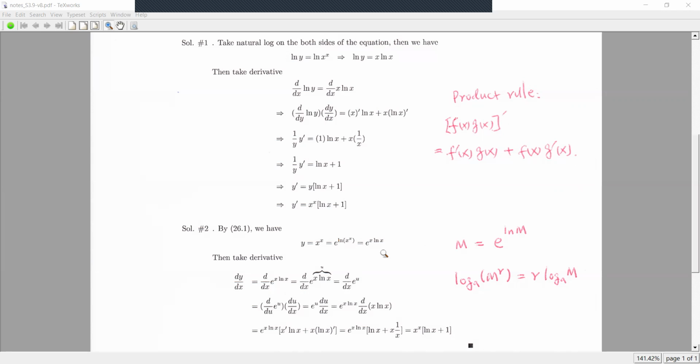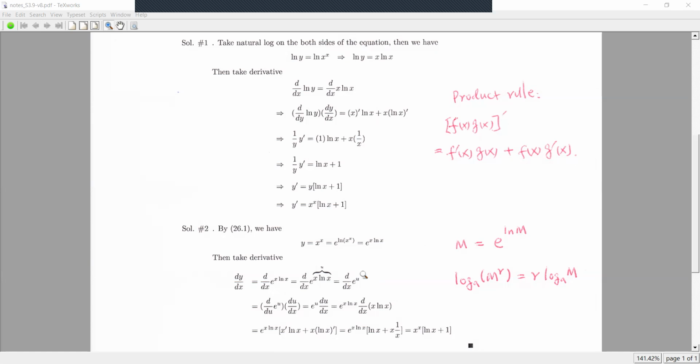I simplify the function by introducing an intermediate variable u. I let u denote x times natural log of x. Then the function becomes e to u. Derivative of e to u with respect to x. This derivative is not computable directly.